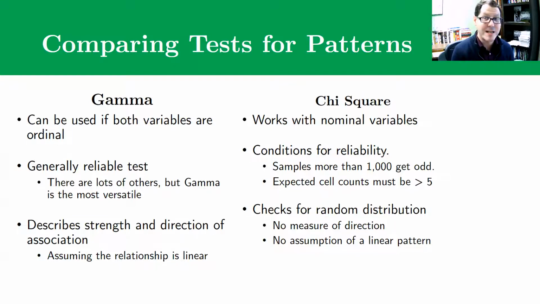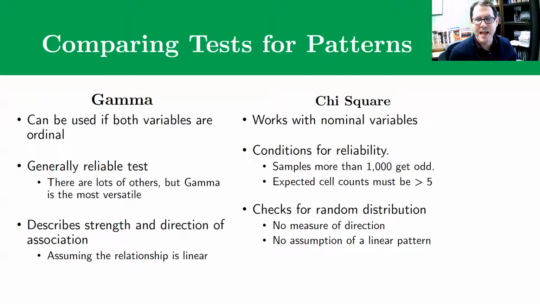Likewise, if you have a large sample, larger than 1,000, chi-square is going to ping that there's a pattern pretty easily. It stops being as useful of a test because it starts picking up everything as a statistically significant pattern. So it tends to work better when we have a couple hundred cases where there's enough to fill out the cells and you see the distribution within the cells, but not so many that it overwhelms the sensitivity of the test.